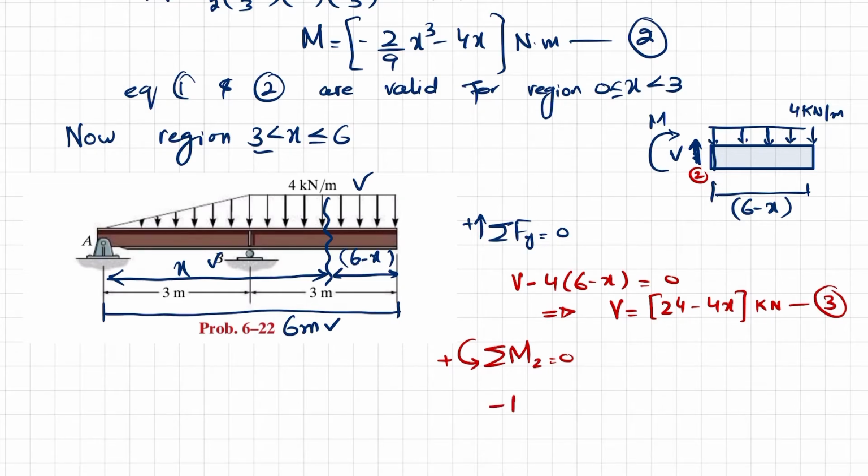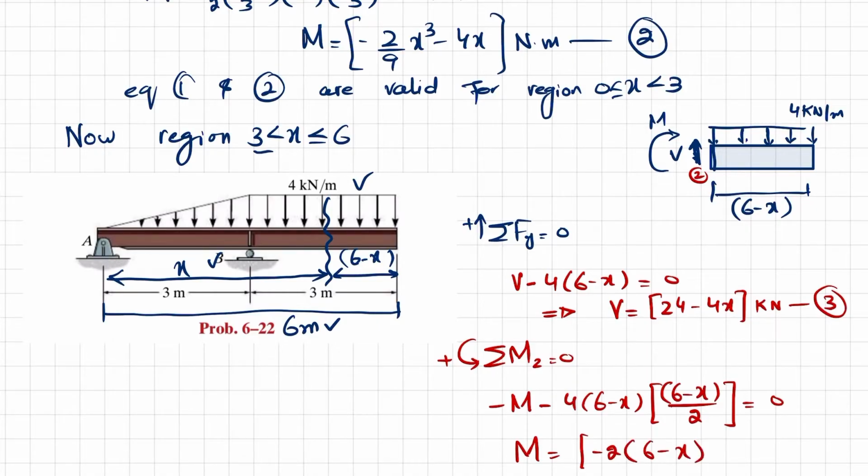So minus M minus 4 into 6 minus x into 6 minus x divided by 2. Their sum must be equal to 0. So from here you will get moment is equal to minus 2 into 6 minus x whole square in kilonewton meter. This is your equation number 4.